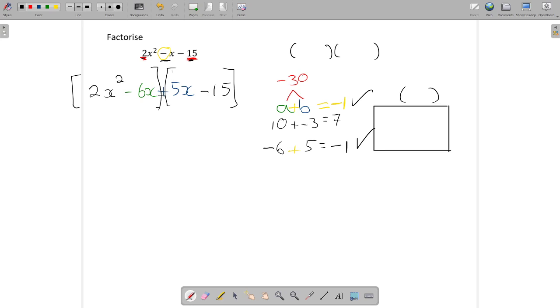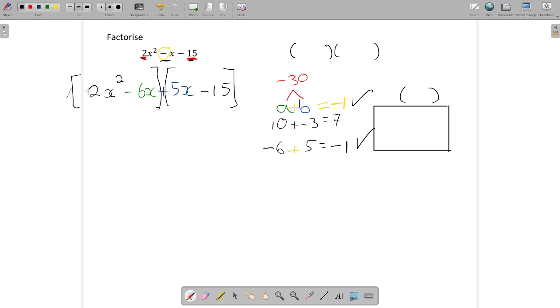So if I multiply the positive sign by the 5x, I should still get positive 5x. If I put the positive sign, multiply it by negative 15, I should still get negative 15. So if I multiply this out just like it is, I should still get exactly the same thing.